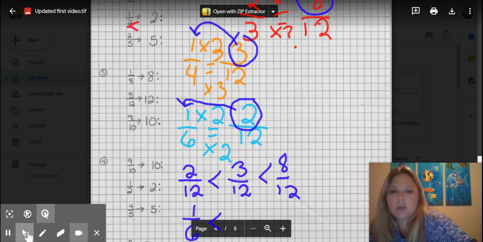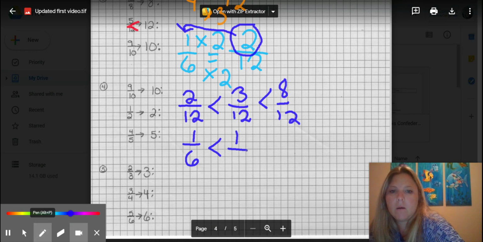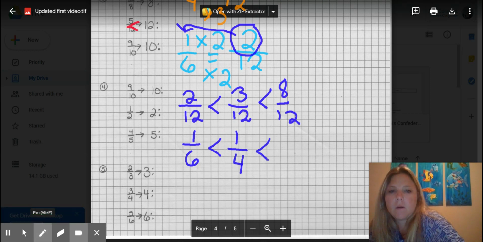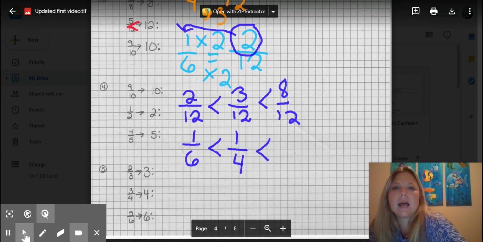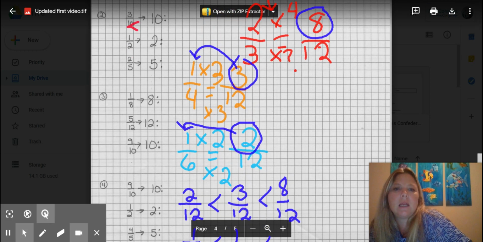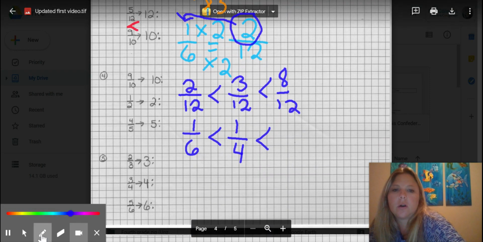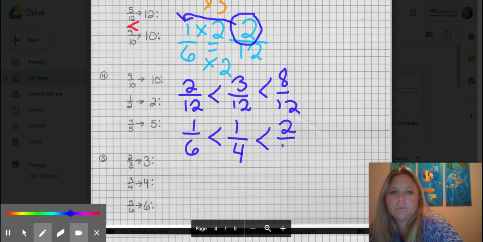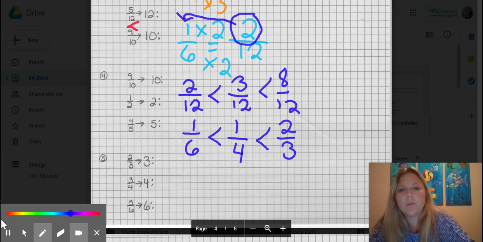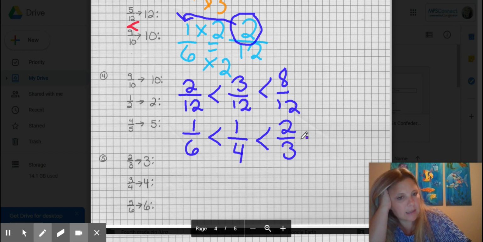So we write 1/4 right here. And last but not least, the 8/12 was represented by 2/3. So I'm going to write 2/3 on my last one. And that's how you would write your fractions from least to greatest.